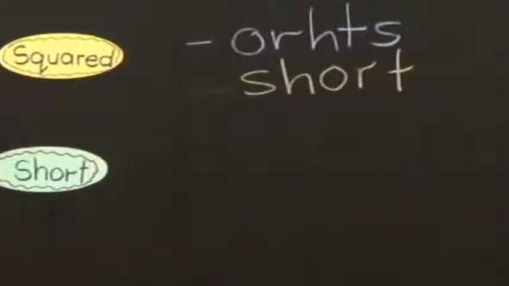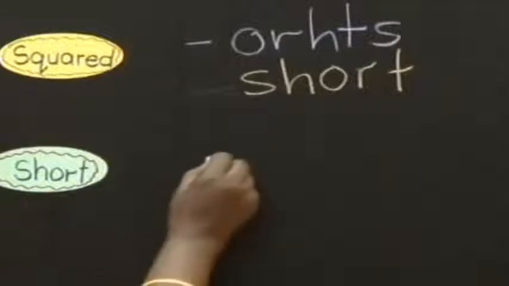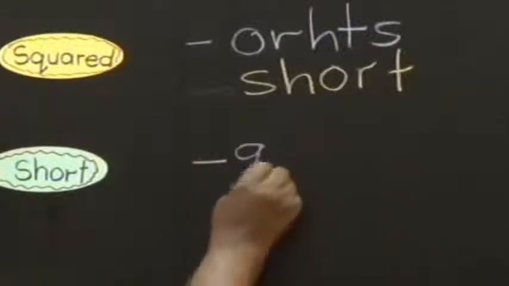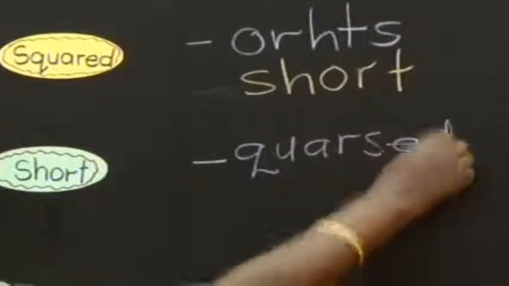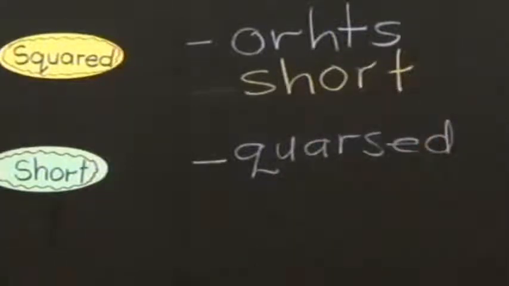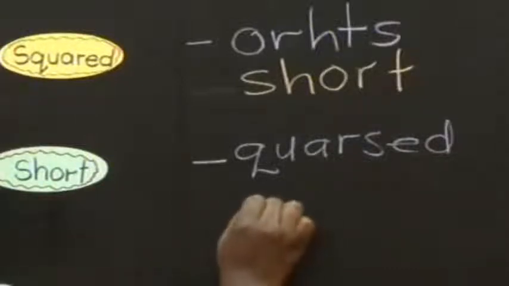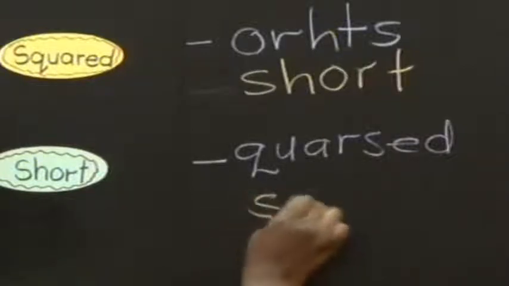Then let's spell also our last word which we have looked at. It seems to have so many letters, but that's the word squared. Let's write it properly.